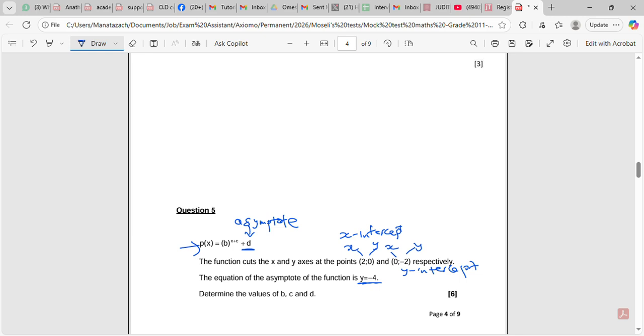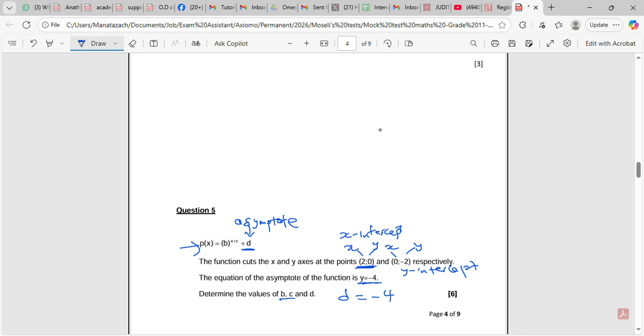So the question is determine the values of b, c, and d. Remember, we've already identified d, it's -4. The only ones that you need to worry about are b and c. So now let's have a look at how we're going to work them out. I'm going to use the first coordinate, which is the x-intercept, and write it up there.